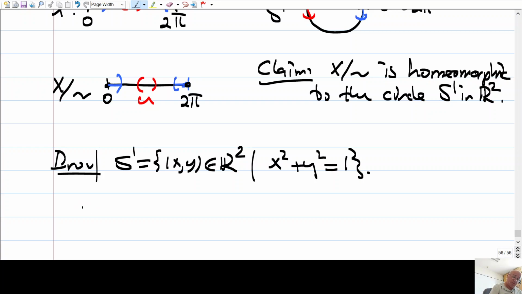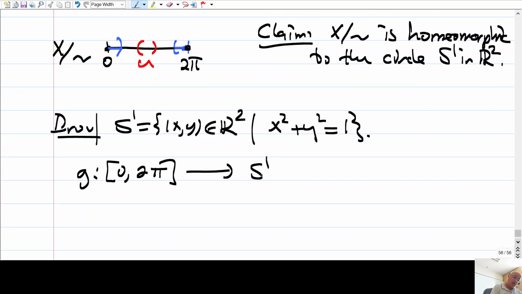Here is my g from the interval [0, 2π] into S1, given by g(t) is just (cos t, sin t).